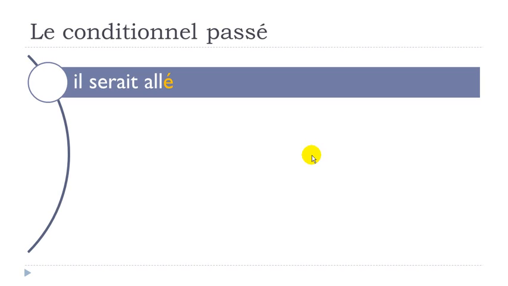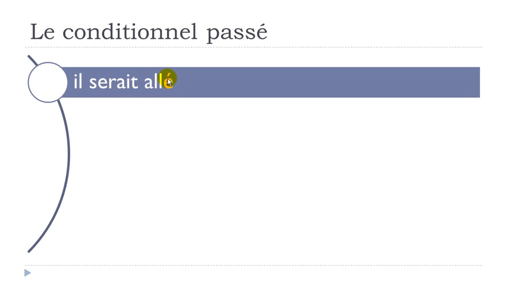But if you use être, like here, il serait allé, okay? So remember, aller belongs to this group of verbs that require être to construct this conditionnel passé. Il serait allé.